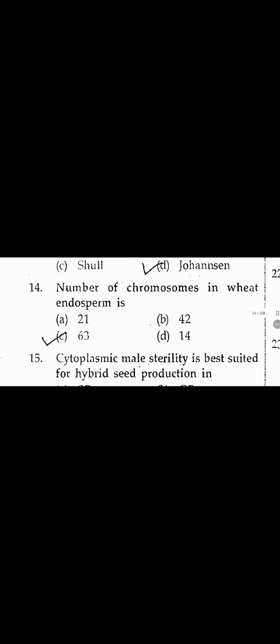Question number 13. The term gene was coined by Johannsen. Question number 14. The number of chromosomes in wheat endosperm is, yes, here it is asking about the endosperm. It will be 63. Question number 15.